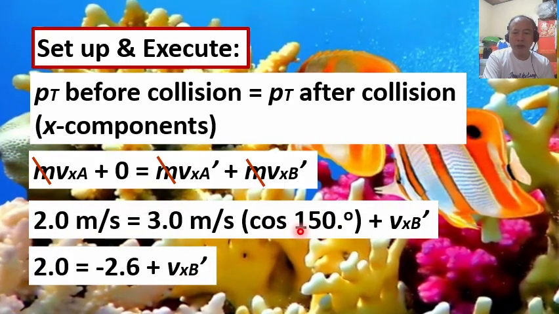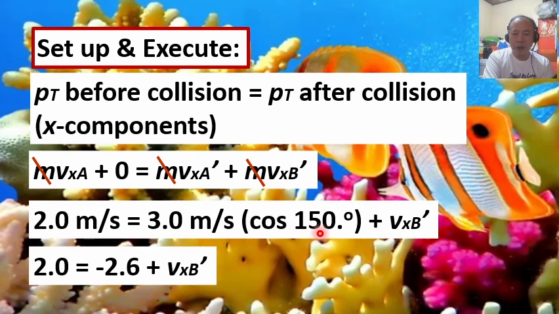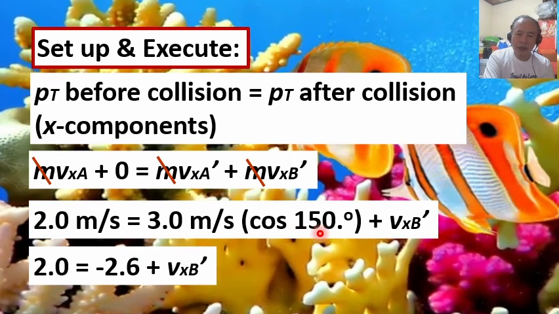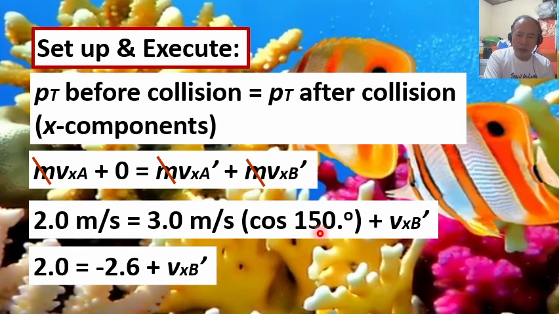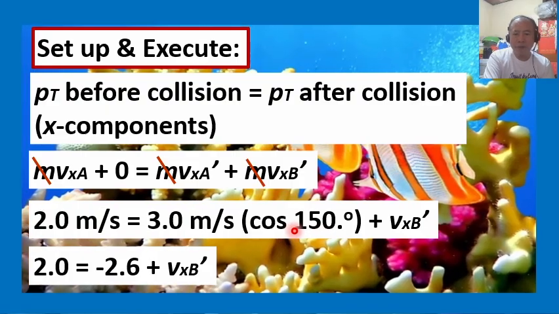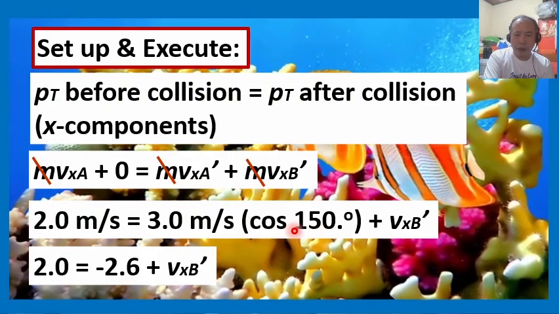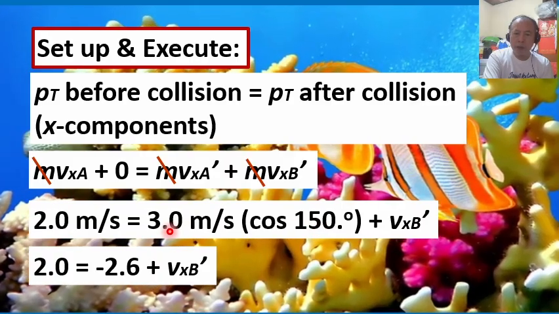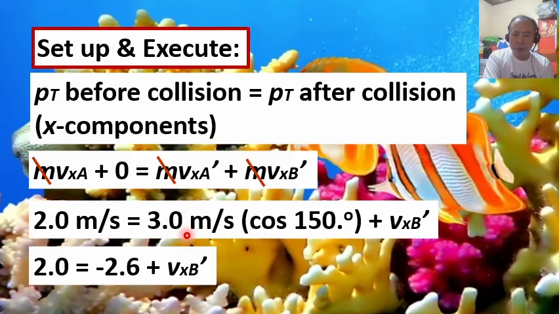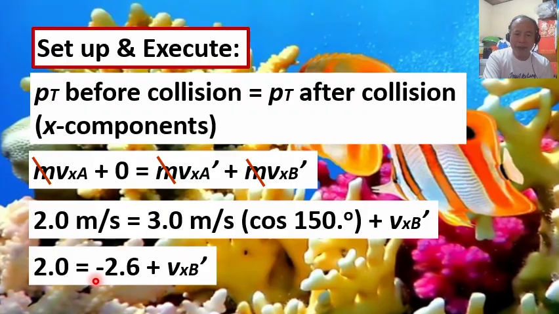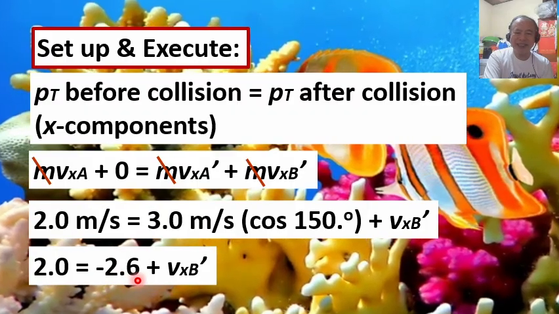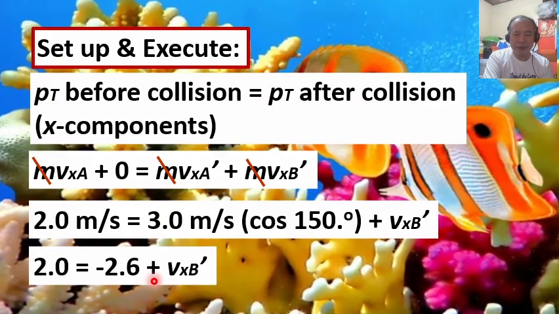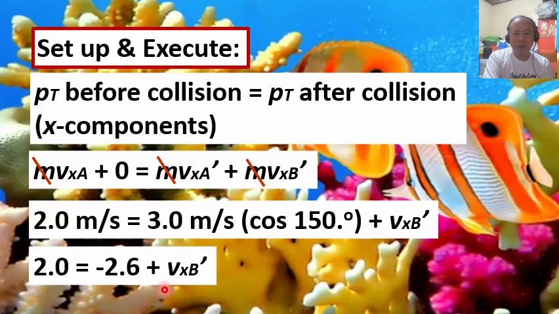The value of cosine 150.0 degrees is actually negative 0.50, which when multiplied by 3.0 meters per second, we get negative 2.6 meters per second, right?